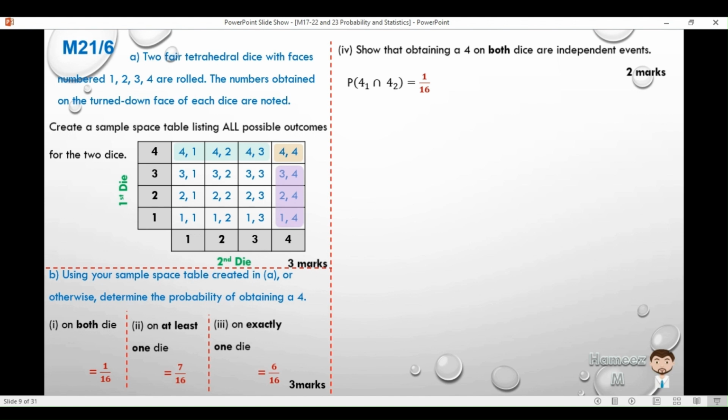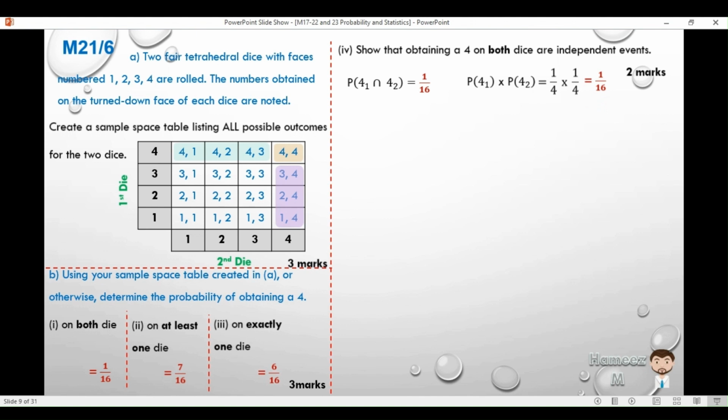And since we're looking at independent events, we want to look at what's the probability of rolling a 4 in the first die times the probability of rolling a 4 in the second die. So the probability of rolling a 4 in the first die, because there are 4 options and we can get 1 out of 4, that's 1 quarter, times 1 quarter, which works out to be 1/16.